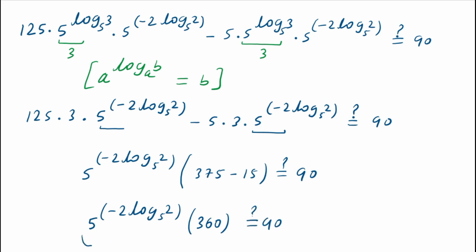Now first of all we will write this expression on the next page. Then 5 power minus 2 times log 2 with base 5 multiplied by 360 is equal to 90. Now here we will apply a log property.